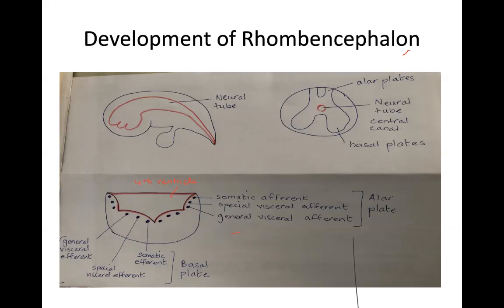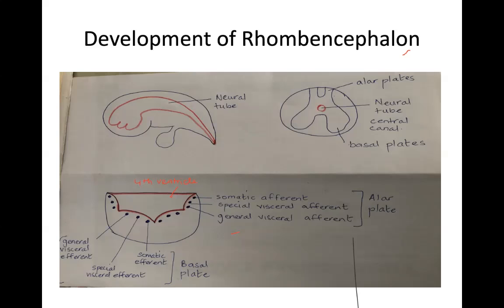And the original central canal of the spinal cord is actually going to widen so that the basal plates are moved down and to the sides, and the alar plates are moved down and to the sides of the basal plates. And the central canal will expand posteriorly and it will create the cavity of the hindbrain, which is the fourth ventricle.